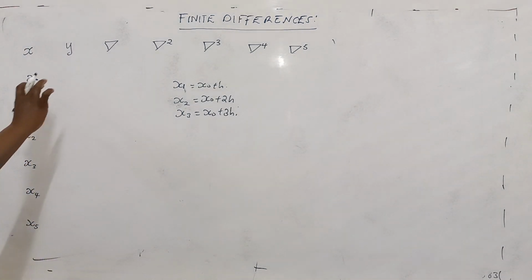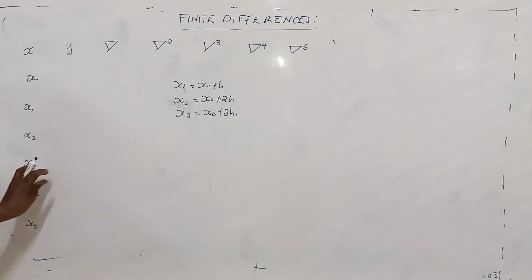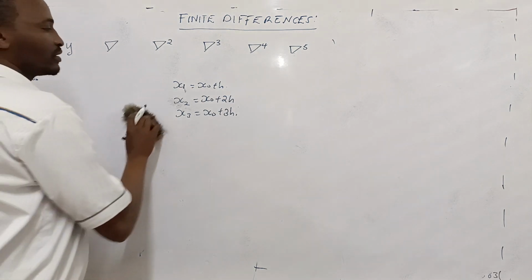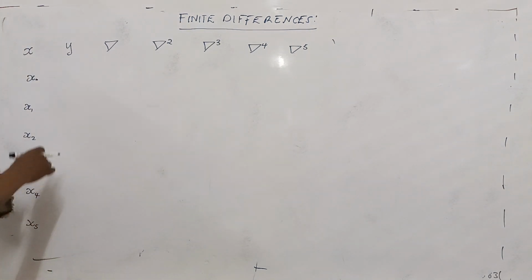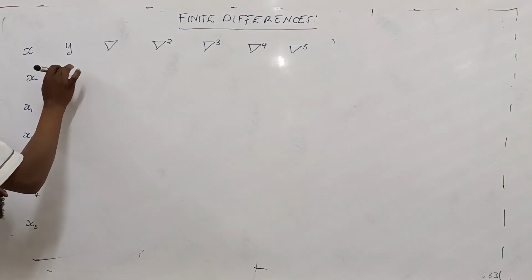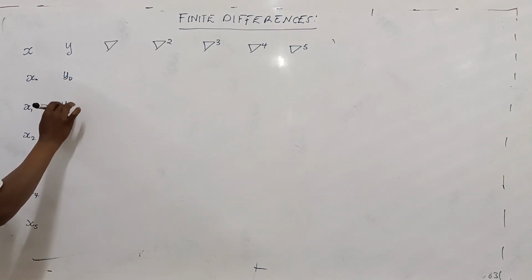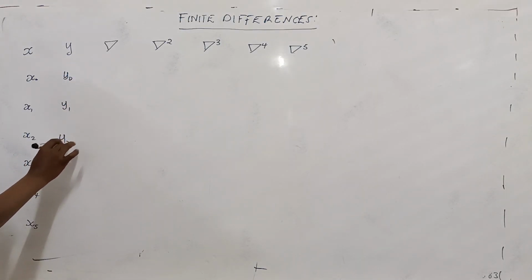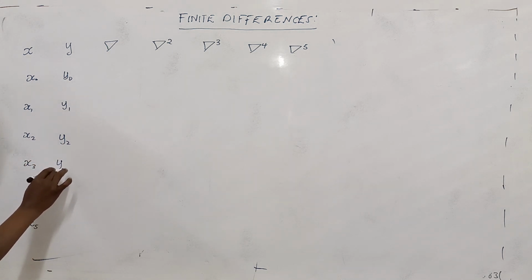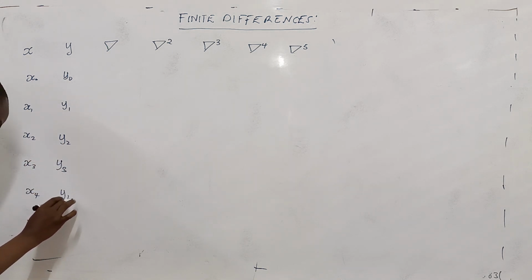So they have similar differences between them. Take the values here: y0, y1, y2, y3, y4, y5.